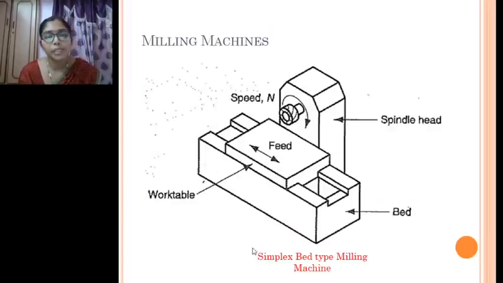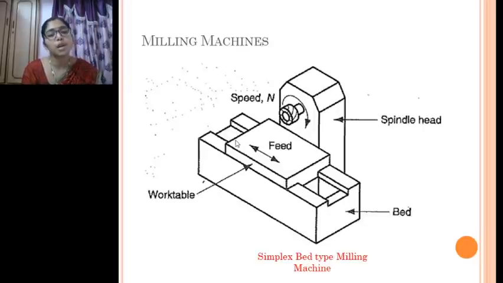Along with it, we have the simplex bed type. These bed type milling machines are usually meant for large size blocks. For machining a large size workpiece, we go for this bed type machine, where a large sturdy bed is maintained to absorb the large cutting forces.